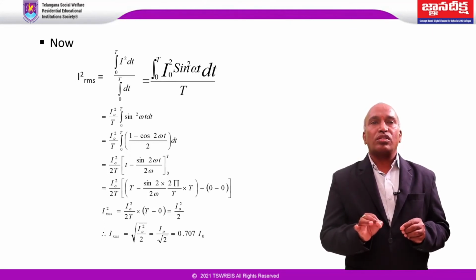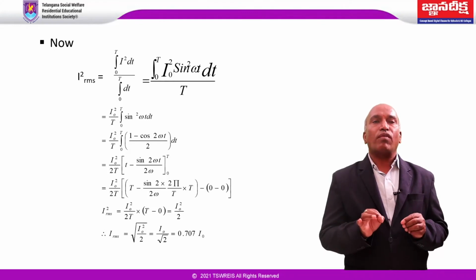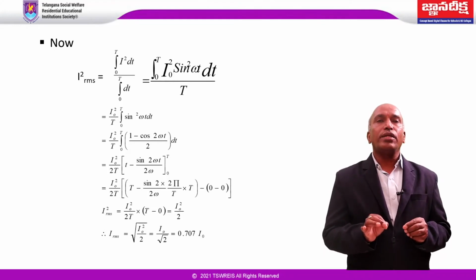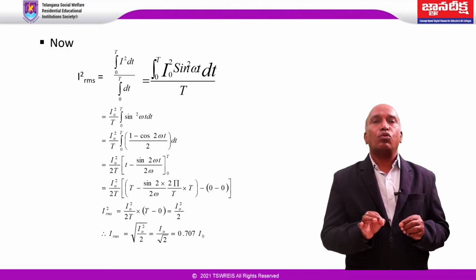Let us substitute the limits in this equation. So we get that equal to (I₀²/2T) [T − sin(2 × 2π/T × T)/2ω − 0 − 0].